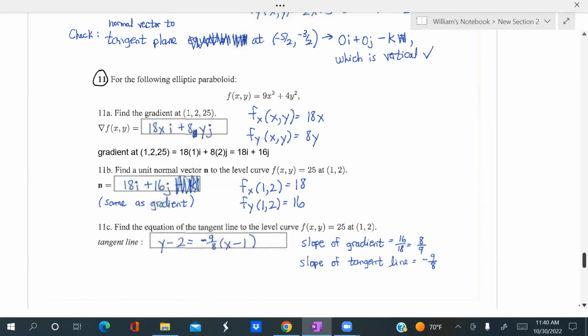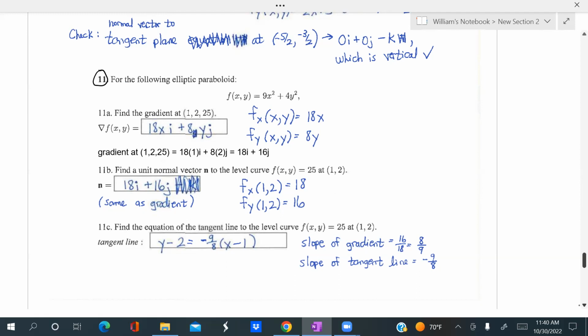All right, now, here's the fact that you have to remember. So this is just something to memorize. So if you were to make a graph of the level curve, remember, that's a curve in 2 dimensions. The level curve for this surface at this particular point would correspond to this equation, f(x,y) equals 25.